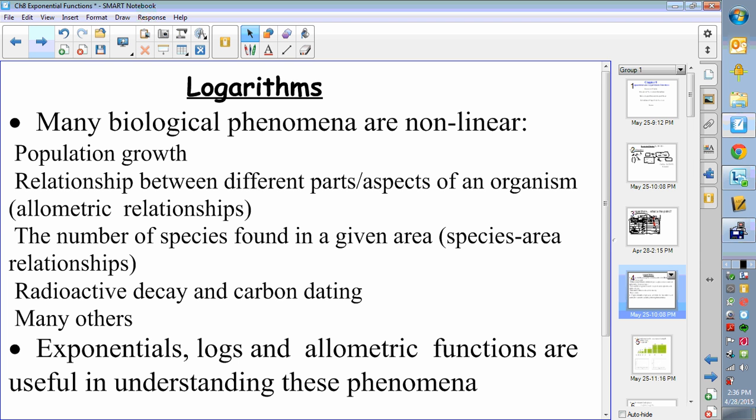Number of species given in an area, species to area relationships, radioactive decay, carbon dating, earthquakes with the Richter scale, pressure amplitudes in terms of the sounds you hear and the decibel levels, those are logarithmic scales. There are many, many others. So exponentials, logarithmics, and these allometric functions are useful to understand, and we use logarithms when we want to understand them.